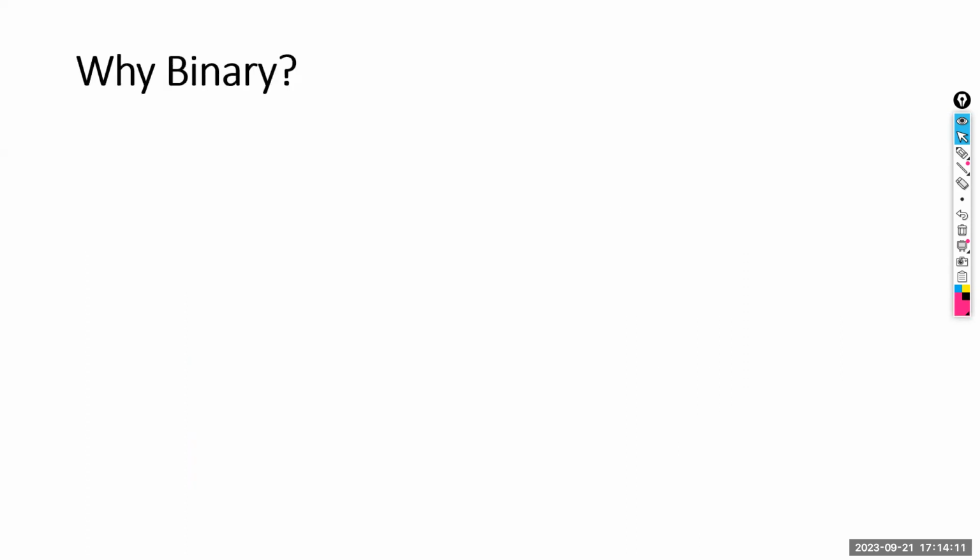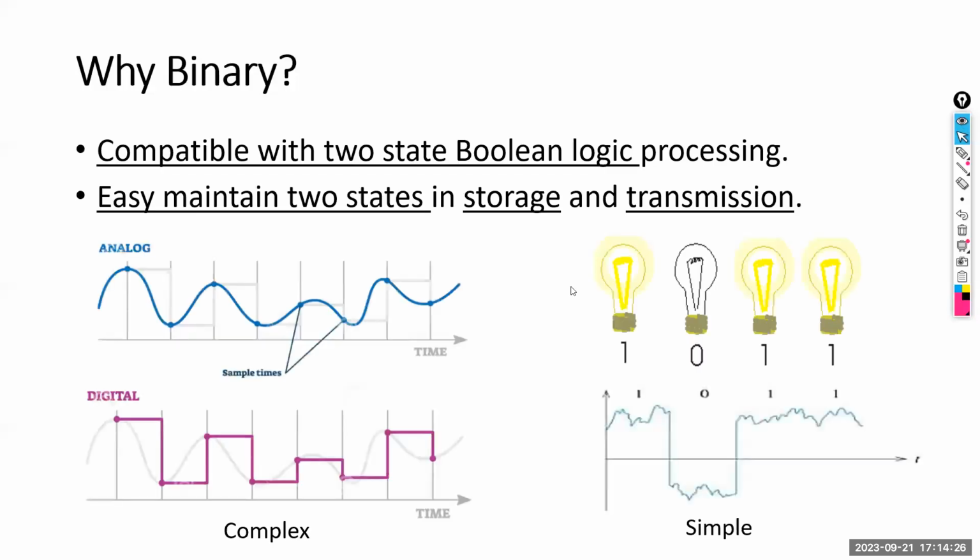Right, I already explained why binary. Because we process it using Boolean logic, only then is it 100% compatible. And the additional advantage is that managing 2 states is always simpler than managing multiple states. So therefore, we don't go for multi-states. Rather, we go for 2-state, 1, 0 level.